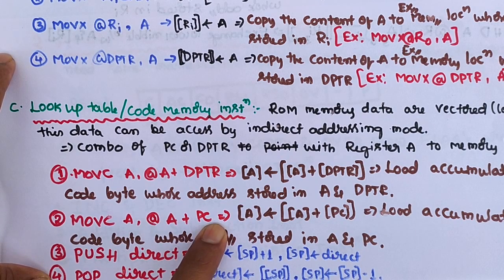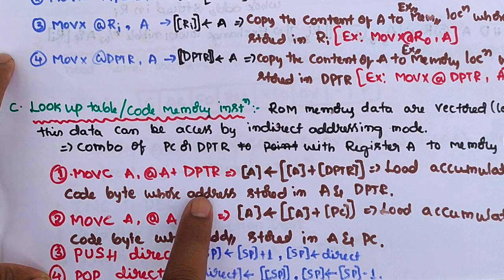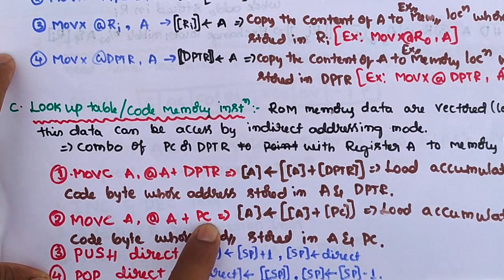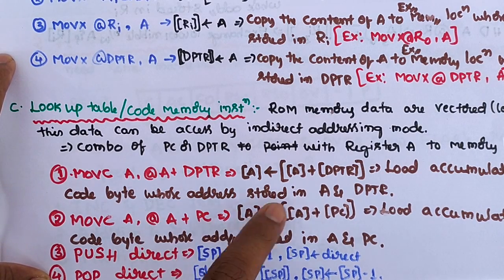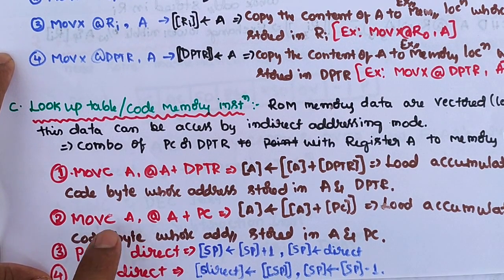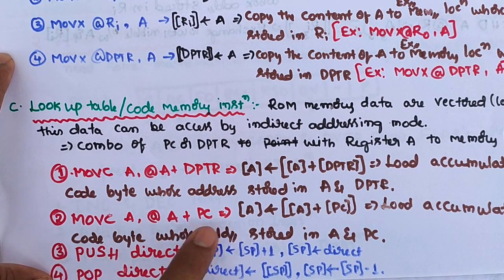Similarly for PC also, the internal ROM locations are split into two addresses, one stored in accumulator A and one stored in the program counter. By adding these two, you get an internal ROM location that will be copied to the accumulator. That can be performed by using MOVC.